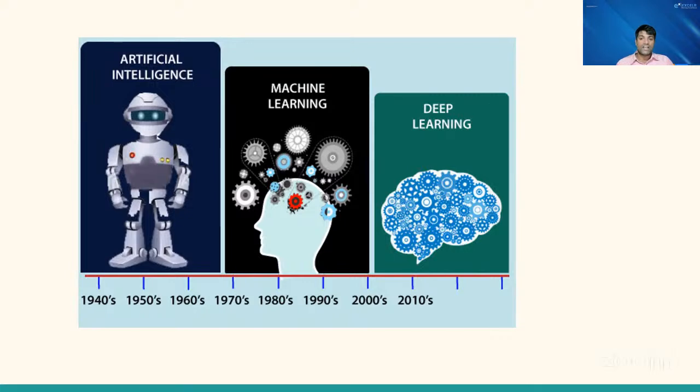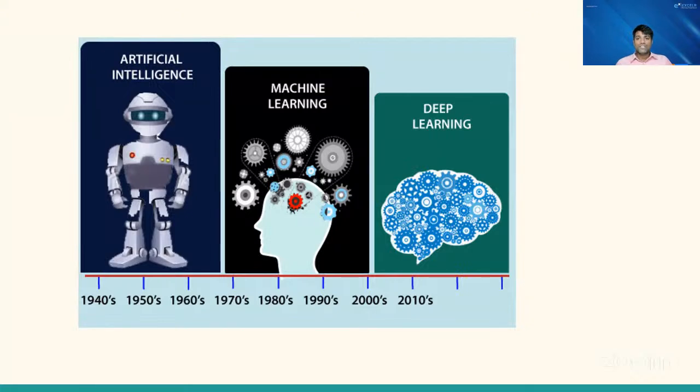Before understanding what machine learning is, we should understand when it actually started, and how machine learning and deep learning came about, along with one key word which has been spoken by multiple people in the industry now, which is artificial intelligence.